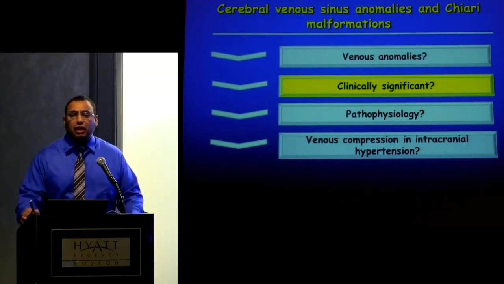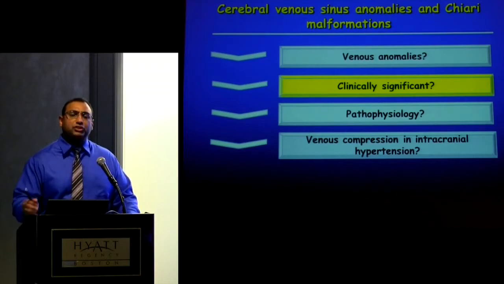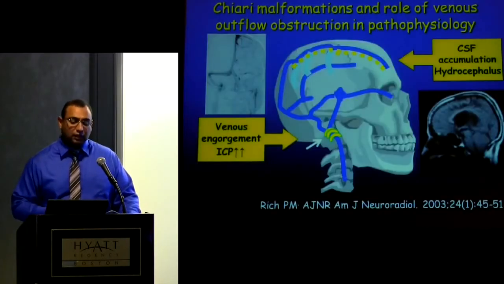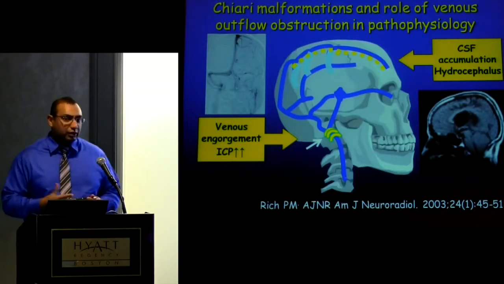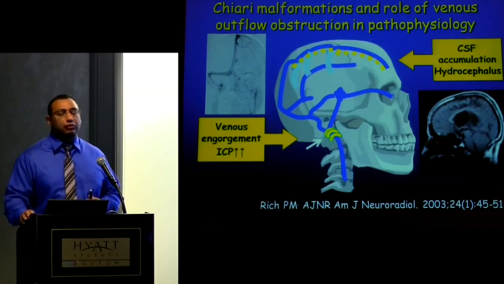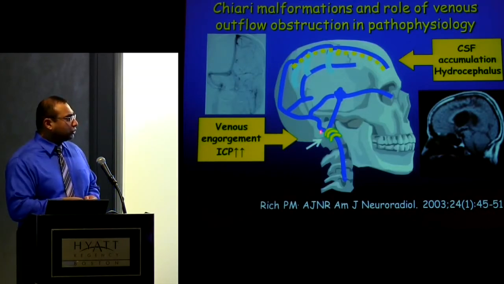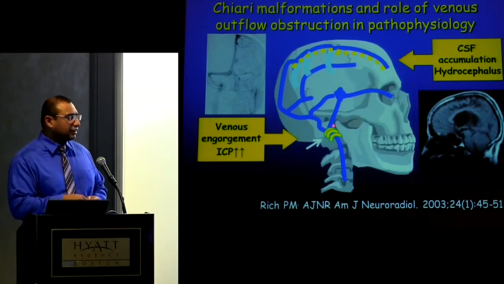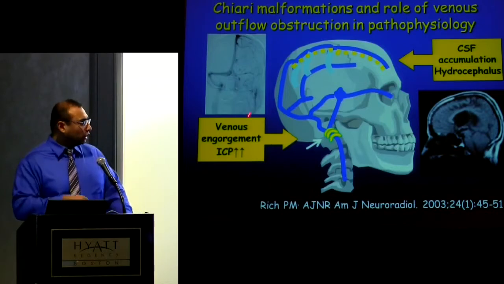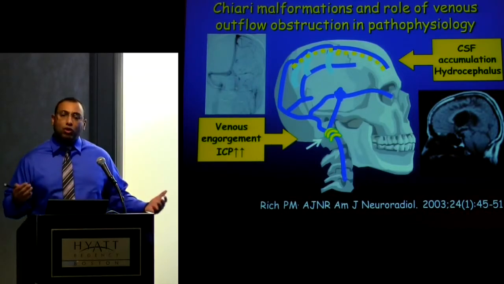Now the question is, are these just angiographic findings, or do they actually contribute to the symptoms of Chiari malformations? In theory, you could hypothesize that they do. Essentially, an occlusive disease at the distant or terminal sigmoid sinus or the internal jugular vein would lead to venous engorgement, which you can sometimes see, particularly in the posterior fossa.